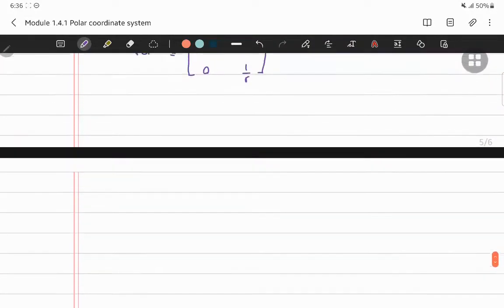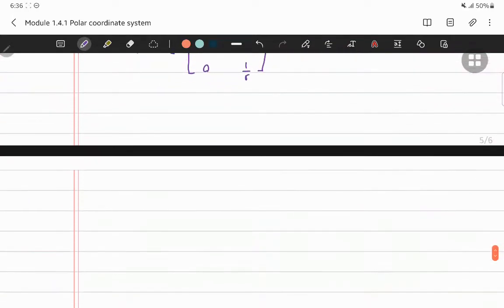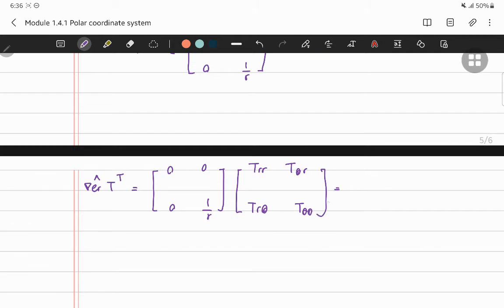So del e_r T transpose is basically 0, 0, 0, 1/r. And if you remember, this was T_rr, T_θr, T_rθ, T_θθ. I hope that I wrote this correctly.